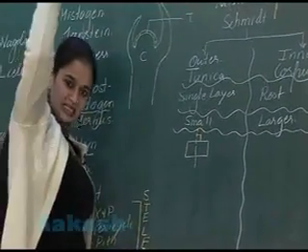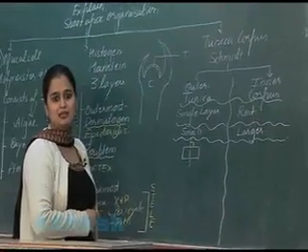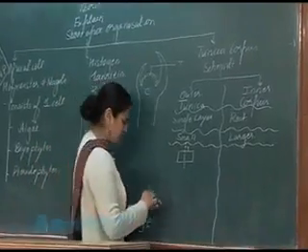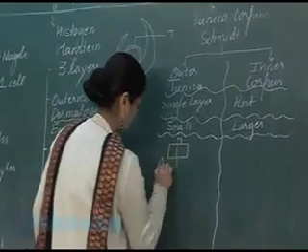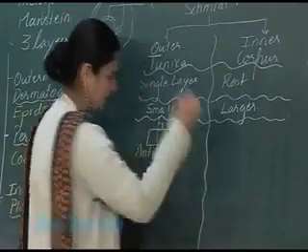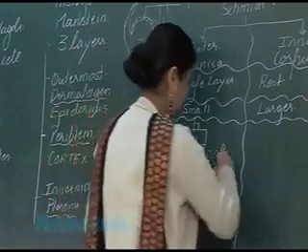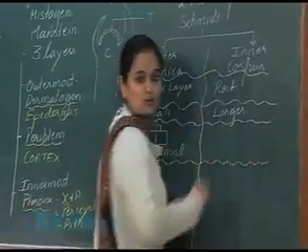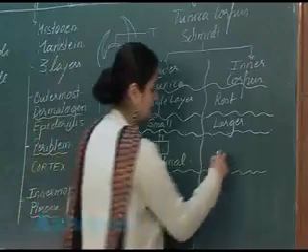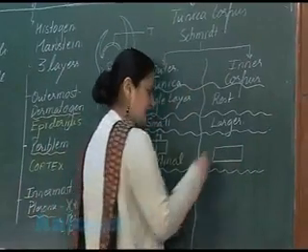If the division is like this, perpendicular to the axis of the cell, this type of division is known as anticlinal division. This division is shown by the cells of the tunica. Let's see what will happen in corpus. Corpus, this division is present.